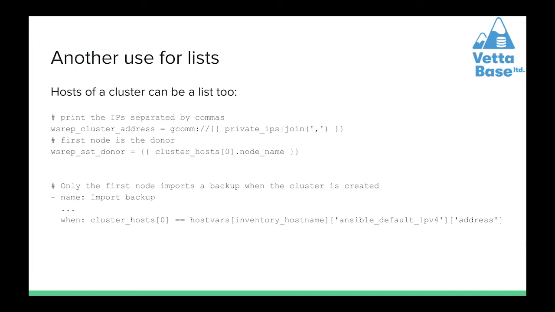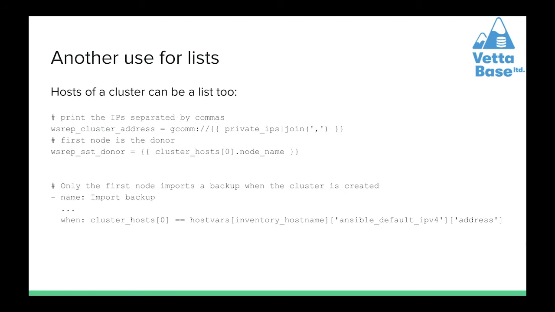Okay, so this list should appear in the wsrep cluster address variable, and should be comma separated. So you can see it in the example, right? We have this private IPs list. We pipe its content to a filter called join, and basically it becomes a comma separated list.